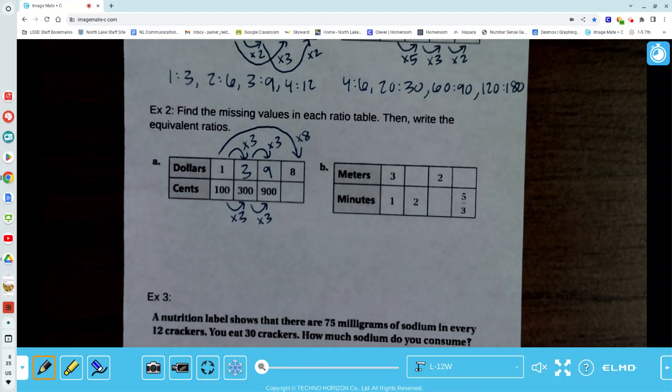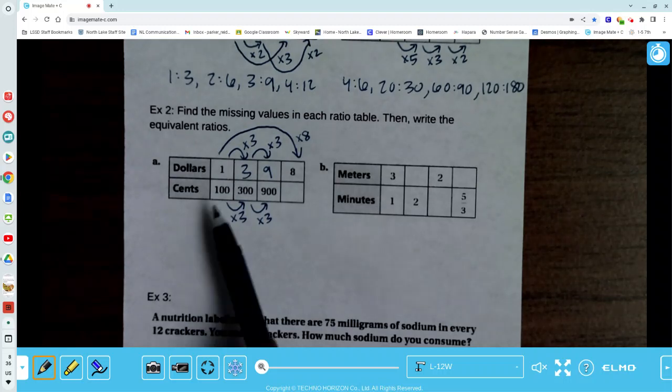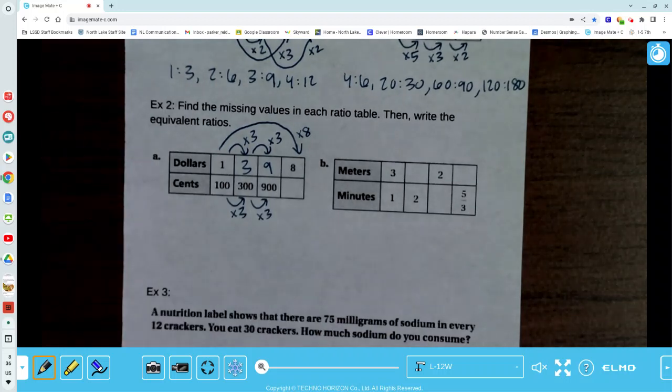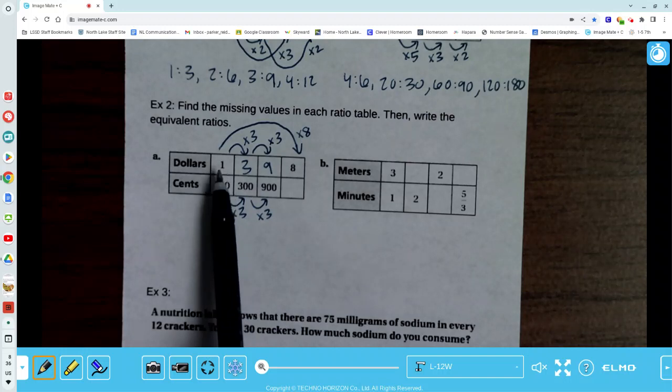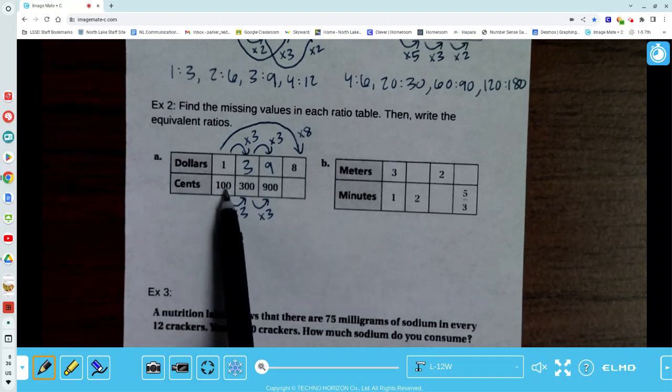Ratisha? How did you know I should use 100 and not 900? It's not necessarily because it'd be too big, but how do I know that I need to start at this one? It's at the same spot, yeah.